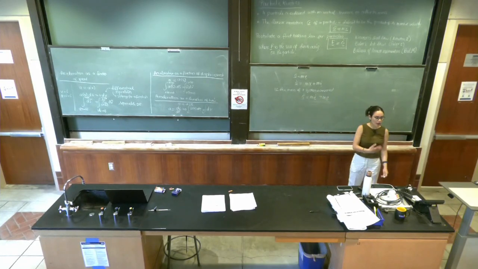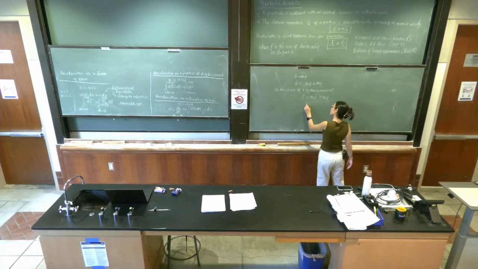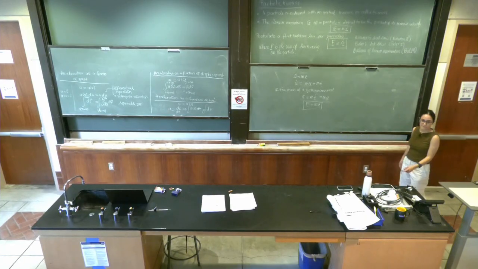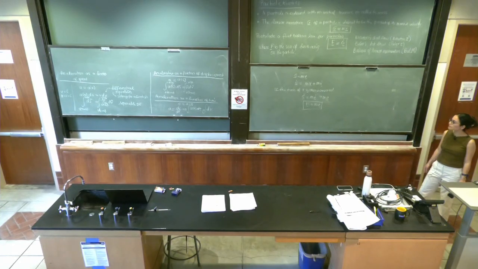And that's where the F equals ma form of the equation comes from. Good question. Any other questions?